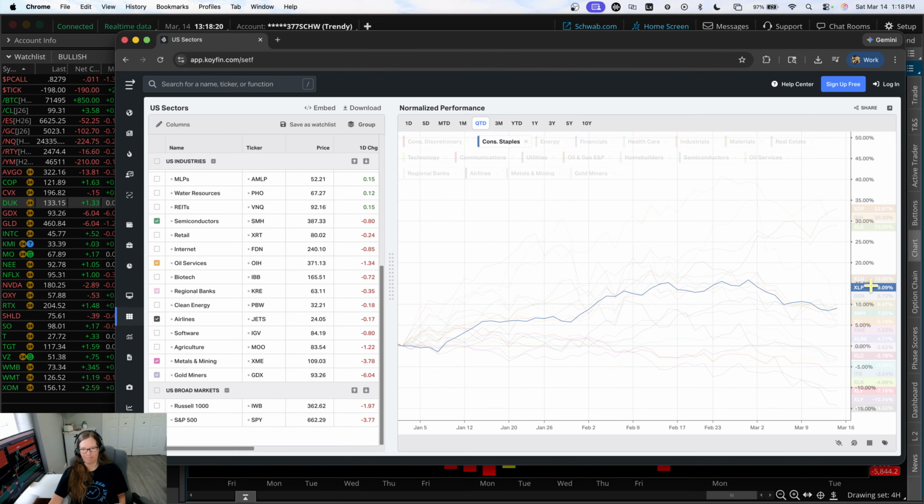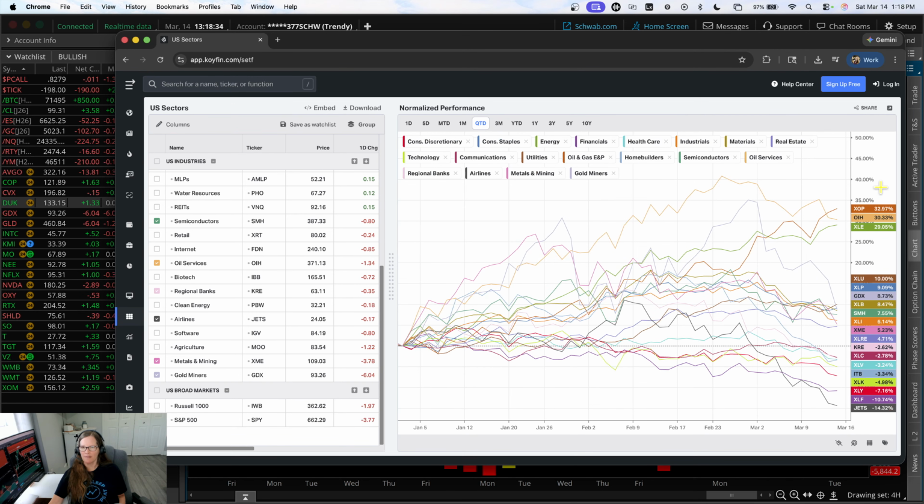It's just, we as Americans, those things are going to be bought regardless of the economic conditions. When you see consumer staples, utilities, and energy towards the top, that means that overall we're on a more risk-off environment.